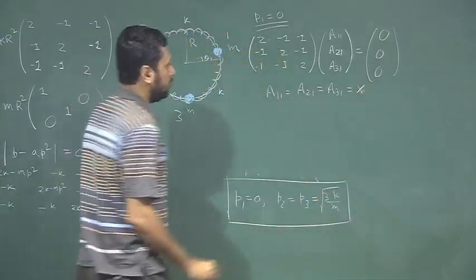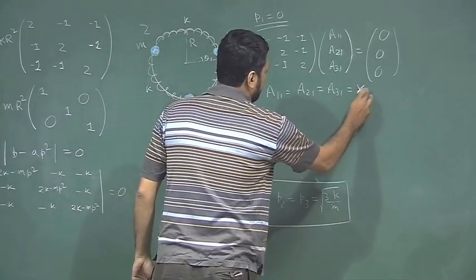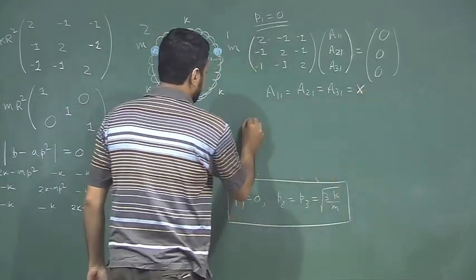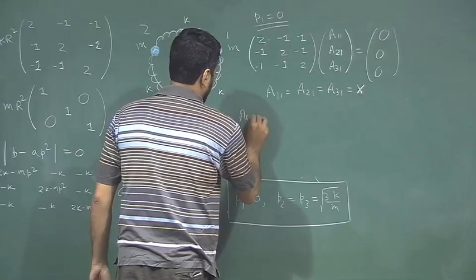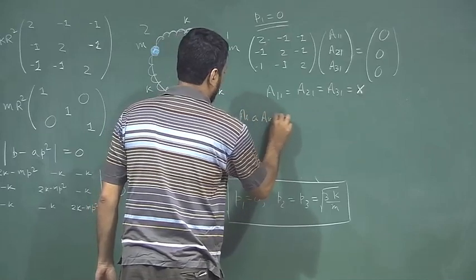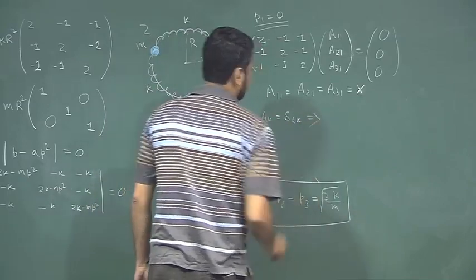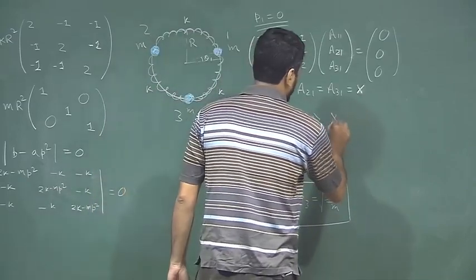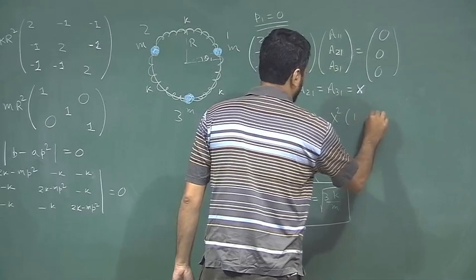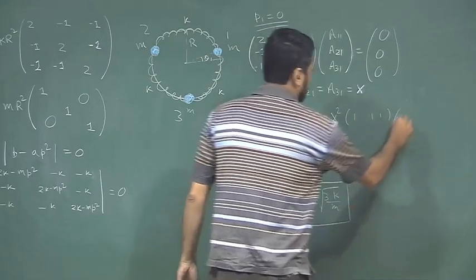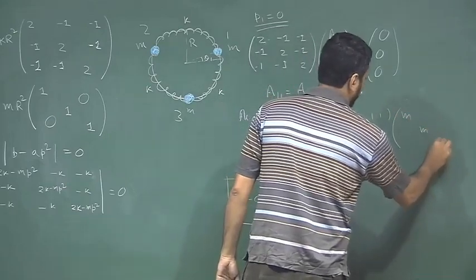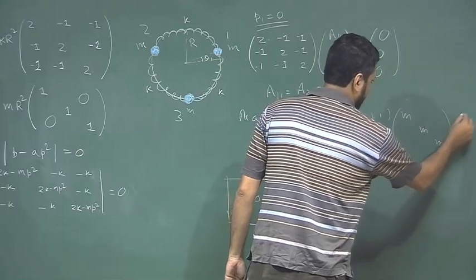And if we now use our normalization algorithm, which is a L a k equal to delta L k, we have x square 1 1 1 m m m, which is also 1 1 1 essentially.